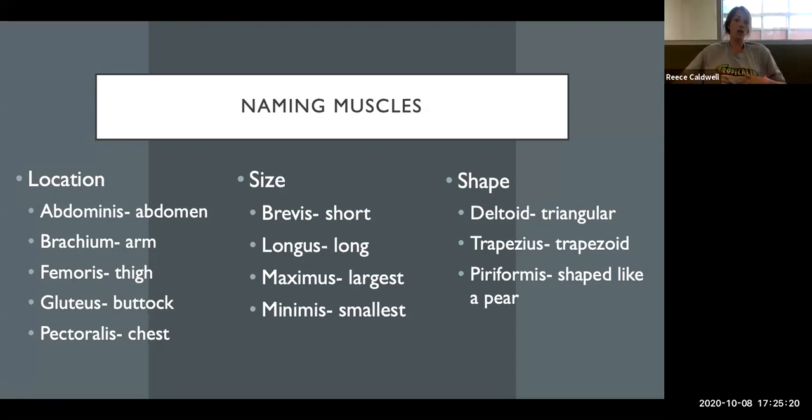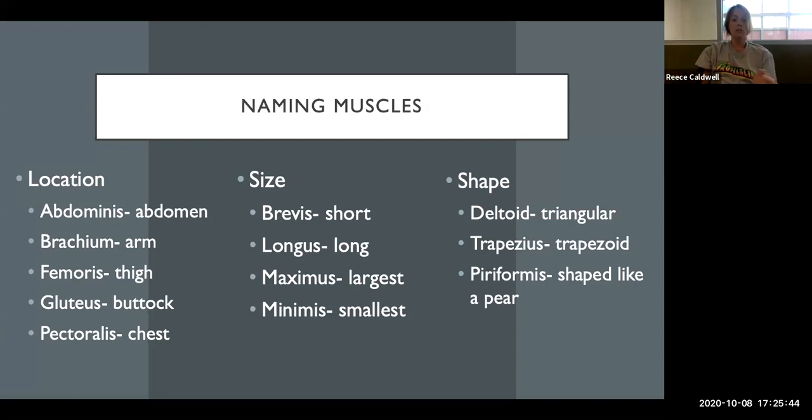Our abs are called the rectus abdominis, so the abdominal muscles. Brachium is arm, so we have the biceps brachii. We also have the biceps femoris. Femoris is thigh. So it's great to know that brachium is arm, femoris is thigh. You can think femoris, femur. Gluteus is going to be the butt, and pectoralis is going to be the chest.